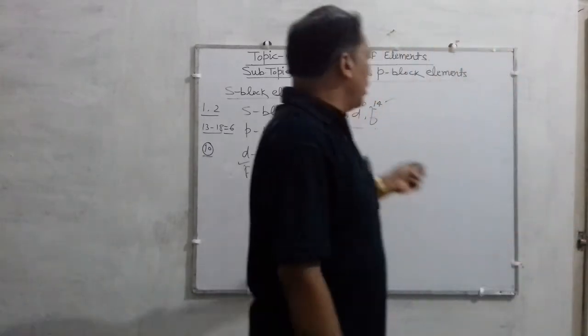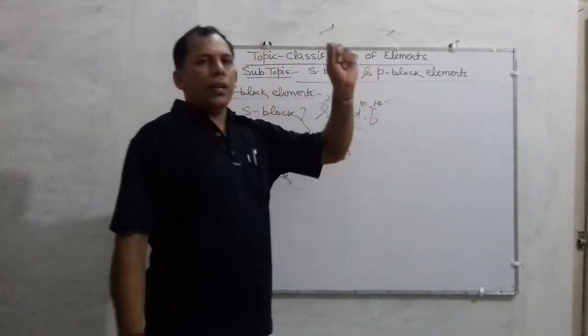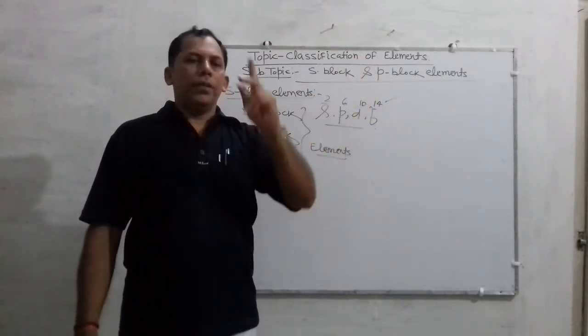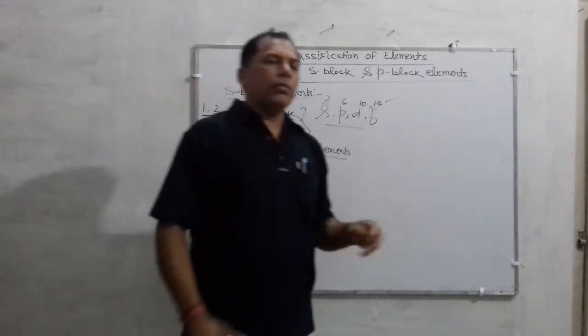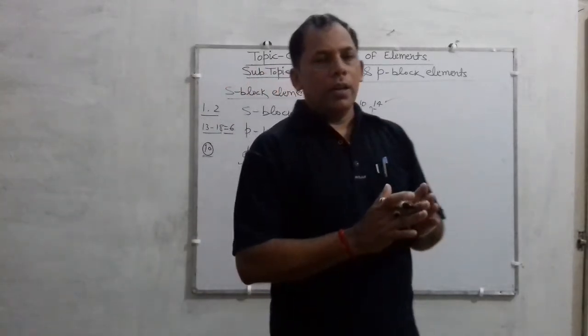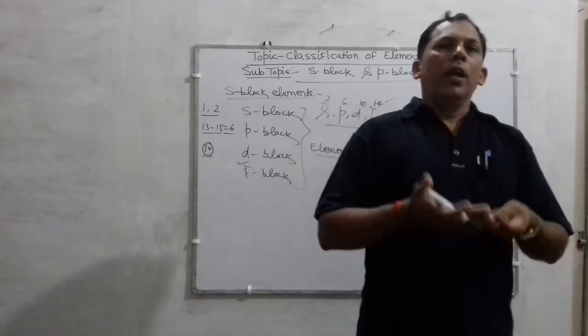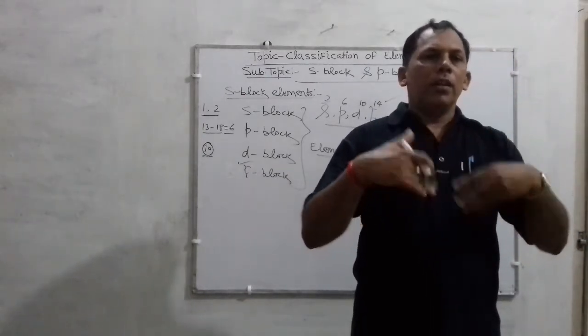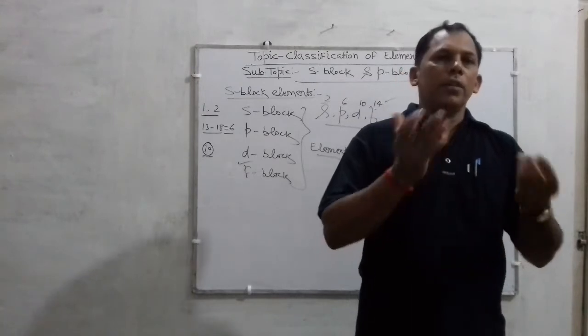I have explained in detail what a lanthanide is, what an actinide is, and where they are placed in the long form of the periodic table. On the basis of previous knowledge, you know that the number of lanthanide elements is 14. Similarly, the number of actinide elements is 14.